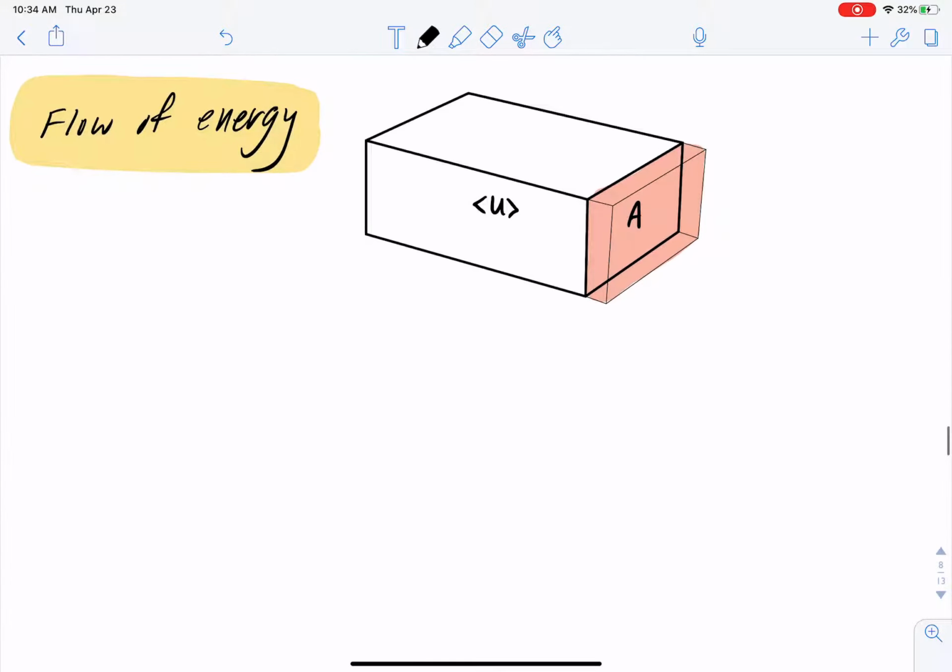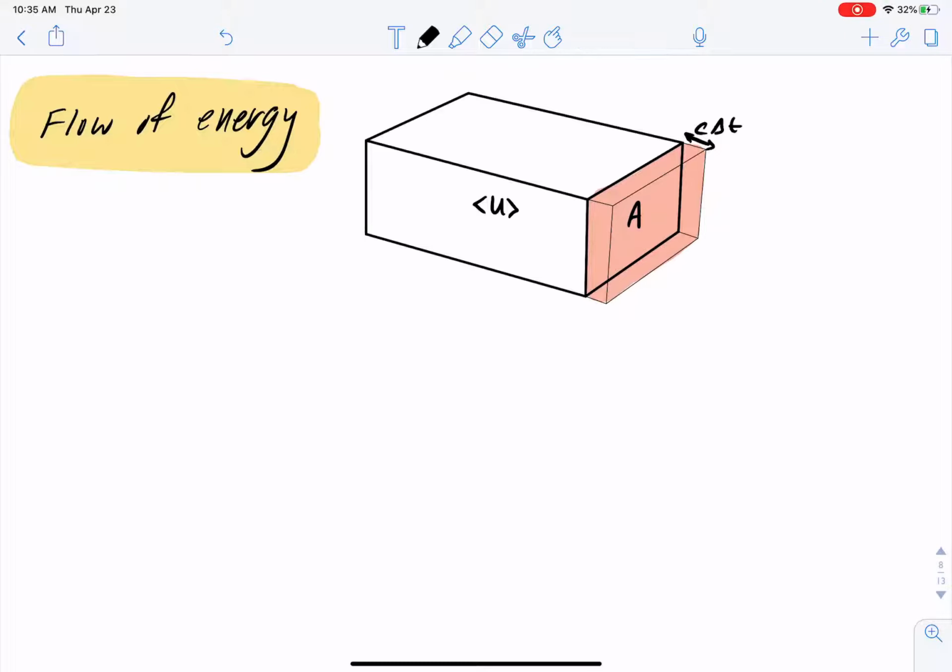Now, there's an energy density in space, but unlike the capacitor, that energy is moving. The wave is moving. So if you think in a small time dt, this block of energy here, so there's a volume of energy, remember that this little u is the energy per volume. So the energy contained in this block will move an amount c delta t in a time dt.